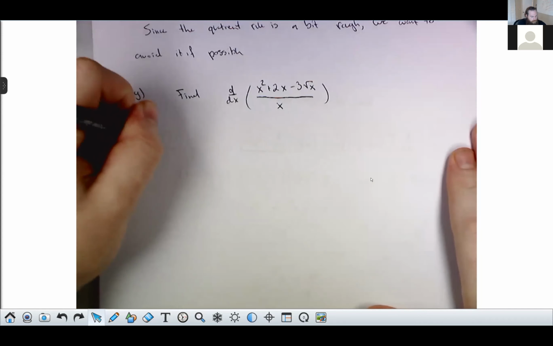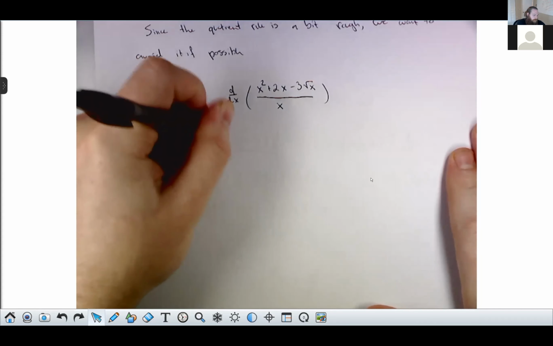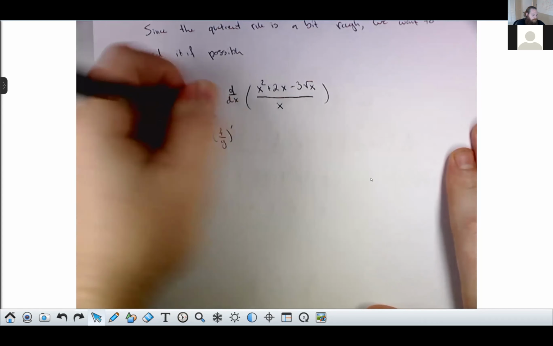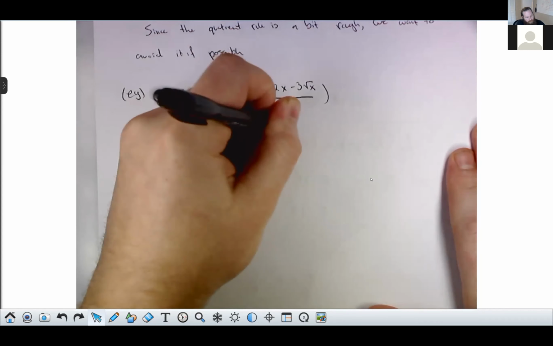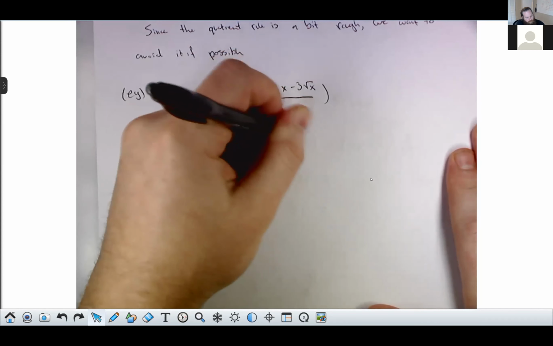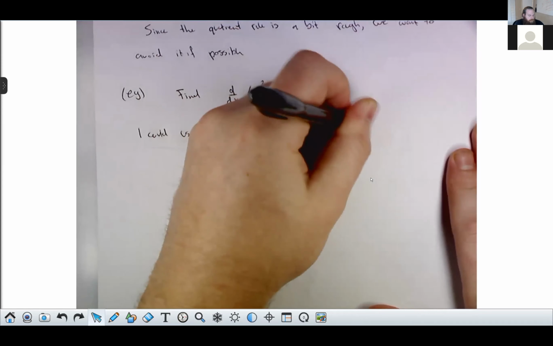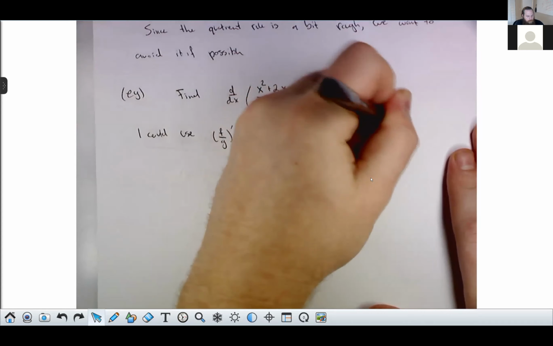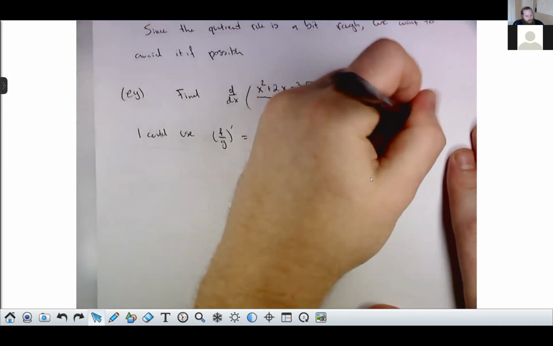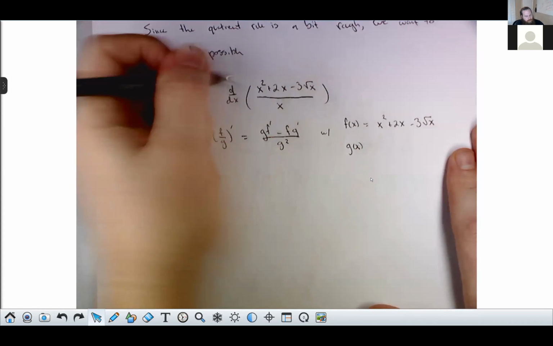I could use the f over g primed equals low d high minus high d low over low low, with f of x equal to the top, x squared plus 2x minus 3 square root of x, and g of x equal to x.